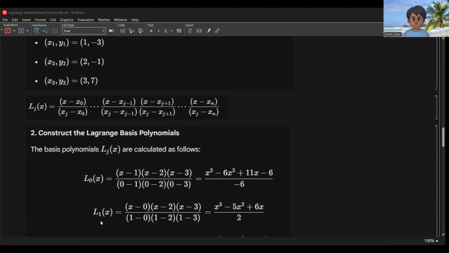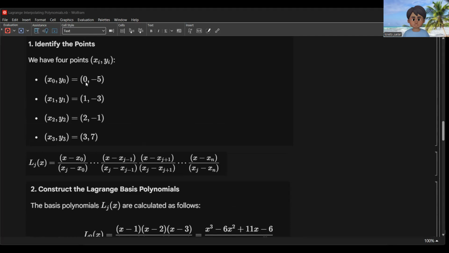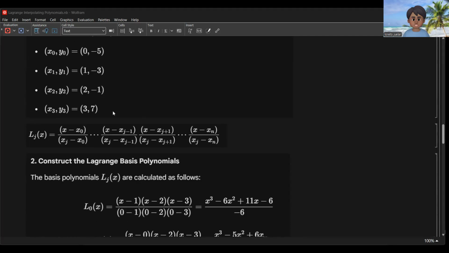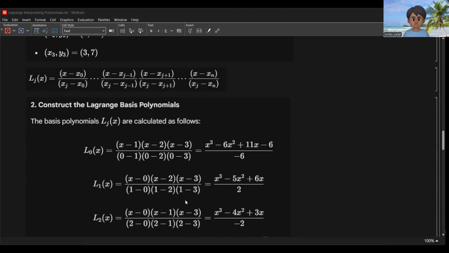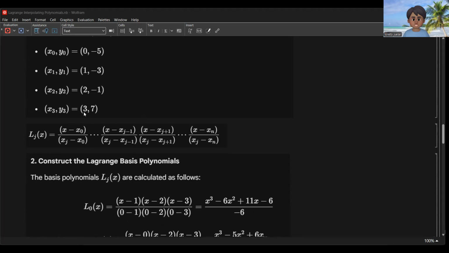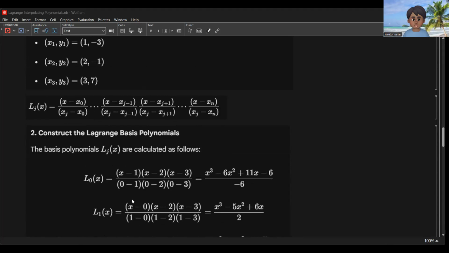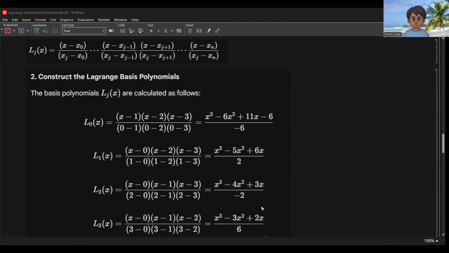For l sub 1, we have x minus 0 here, then x minus 2, then x minus 3. Then 1 minus 0, 1 minus 2, 1 minus 3, so we just copy the 0, 2, and 3 here. So we have the corresponding polynomial here, x cubed minus 5x squared plus 6x all over 2.